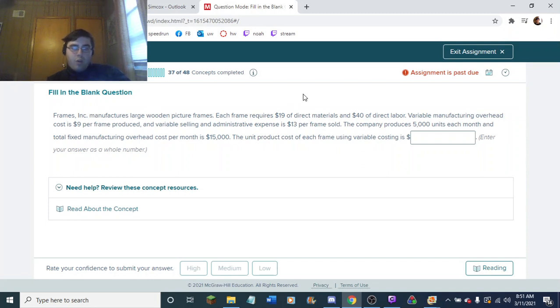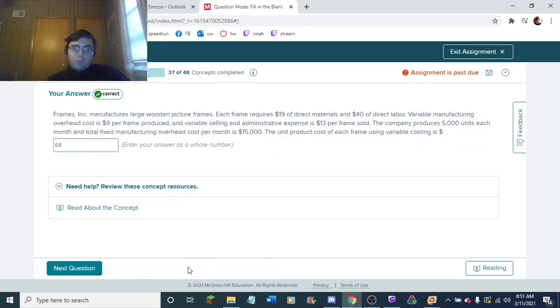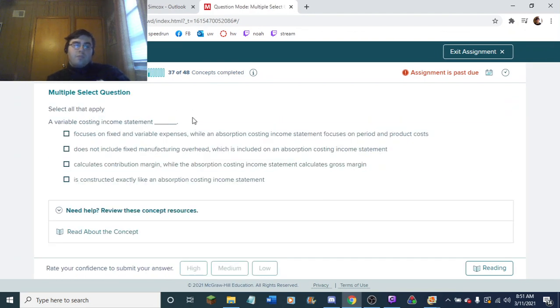$19 plus $40 plus $9. That was simple. Variable costing income statement.